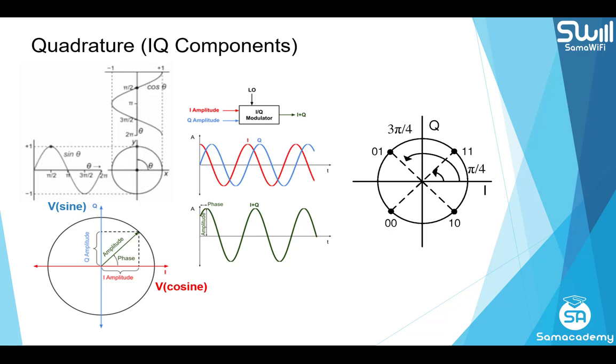IQ components are easily represented as something called a modulation constellation. So you can see here the modulation constellation representing 2 bits, for example. In this case, this value 1 to 1 means that the component I and the component Q are normal. In this case, the component I is inverted and the component Q is normal. It cuts in different degrees.